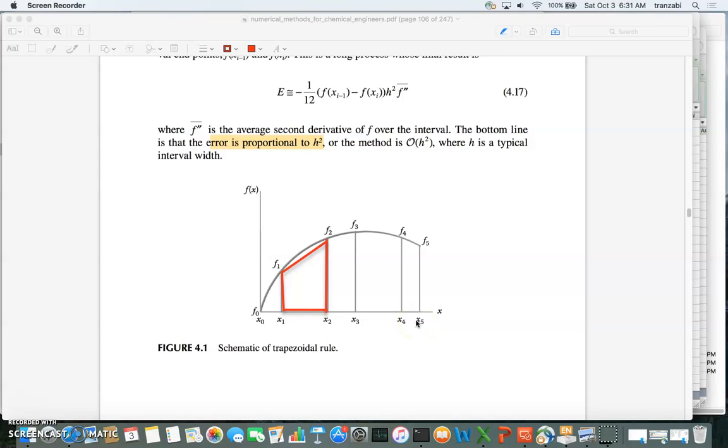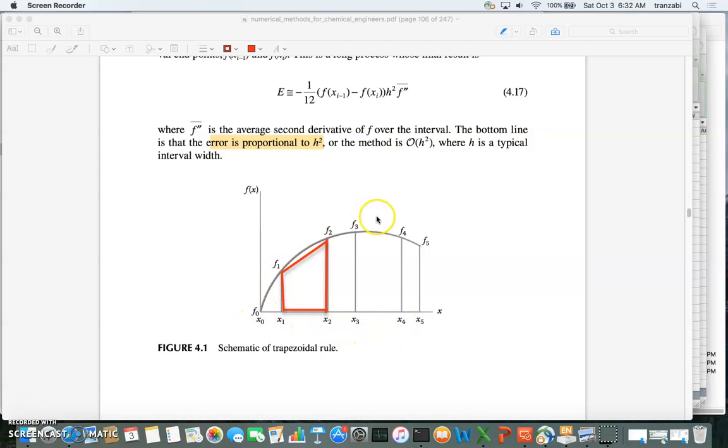Okay, so using the trapezoidal rule, what we do is we split this interval into equal subintervals, and let's call those subintervals delta x. So imagine the distance between x0 and x1 is delta x, x1 to x2 is again delta x, x2 to x3 is delta x, and so forth.